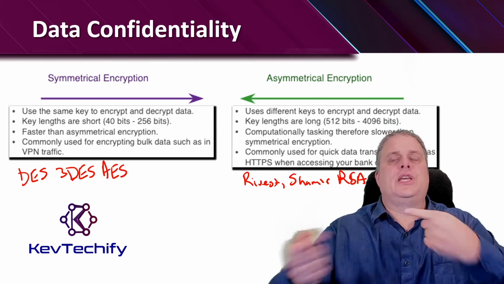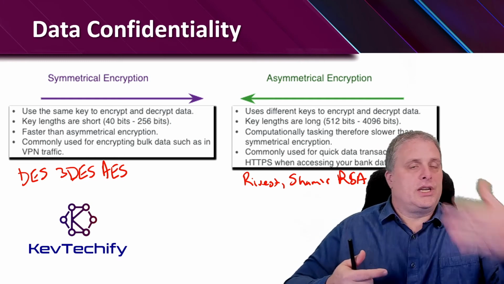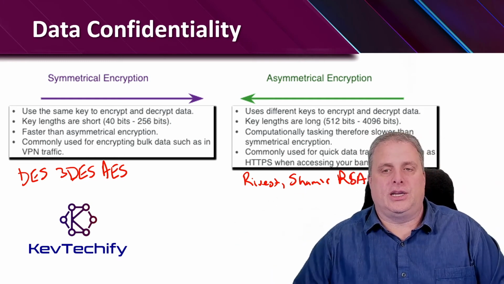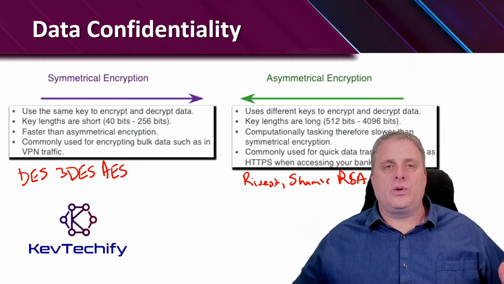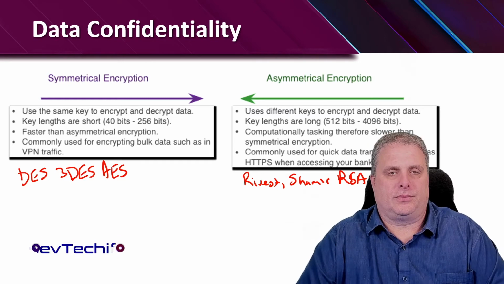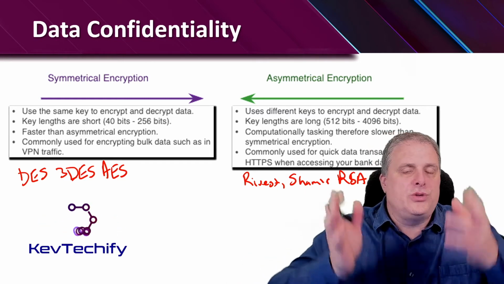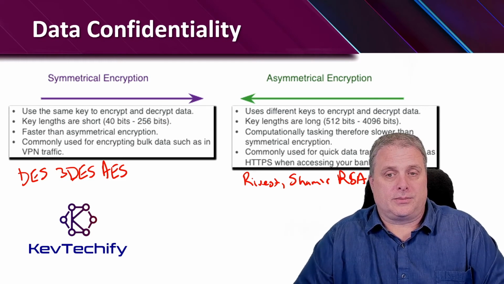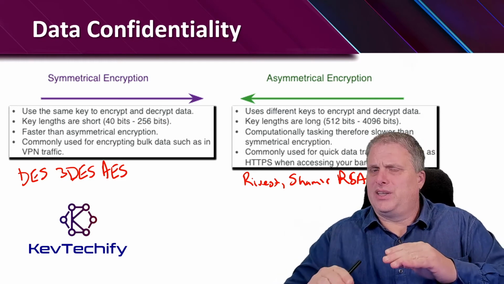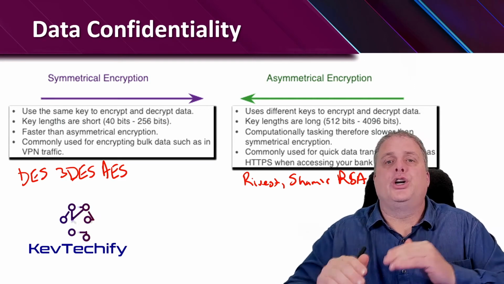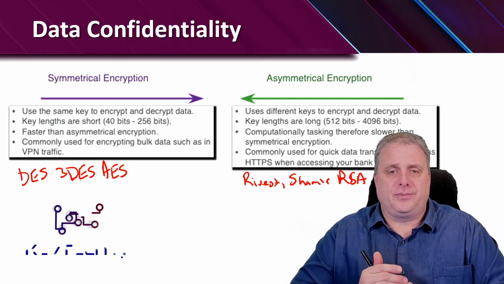Asymmetrical, there's two keys. One is used to encrypt the data, one is used to decrypt the data. We have longer keys, 512 bits all the way up to 4096. We even have longer keys available. Most people say at least use 1024, if not 2048. A lot of people say 512 is, with today's computational power, something somebody could crack if they really wanted to.